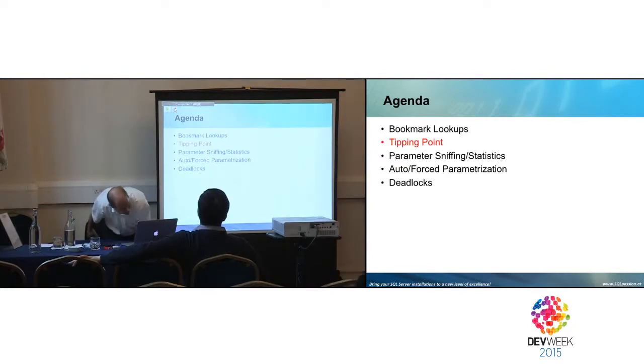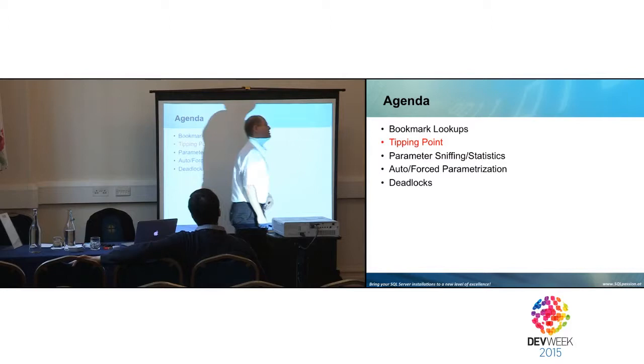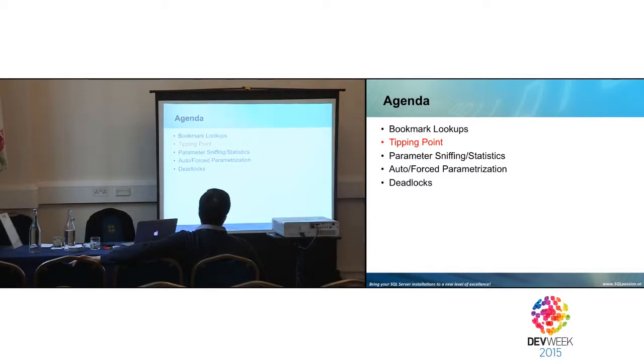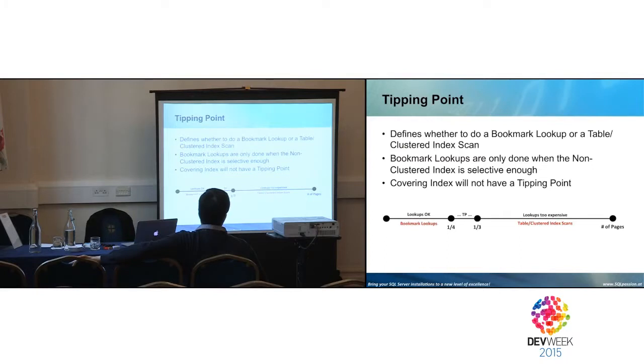That was just an introduction, so that we have a common understanding about bookmark lookups. Of course, a bookmark lookup only makes sense when you're expecting a small number of rows. Imagine you have a table, let's say, with 100,000 records.